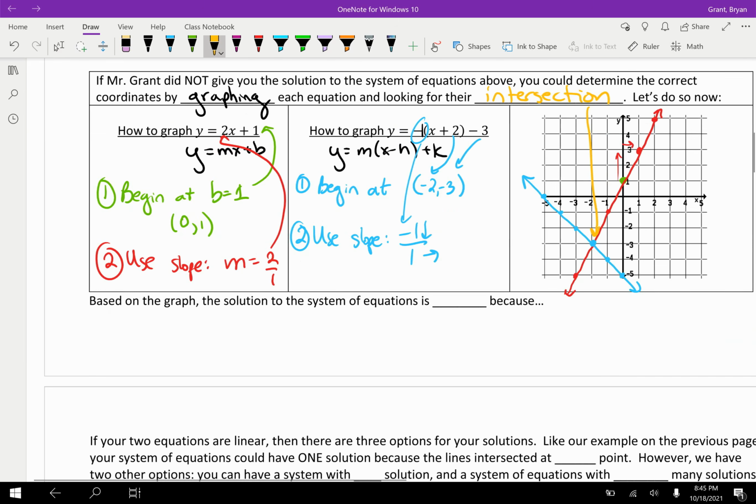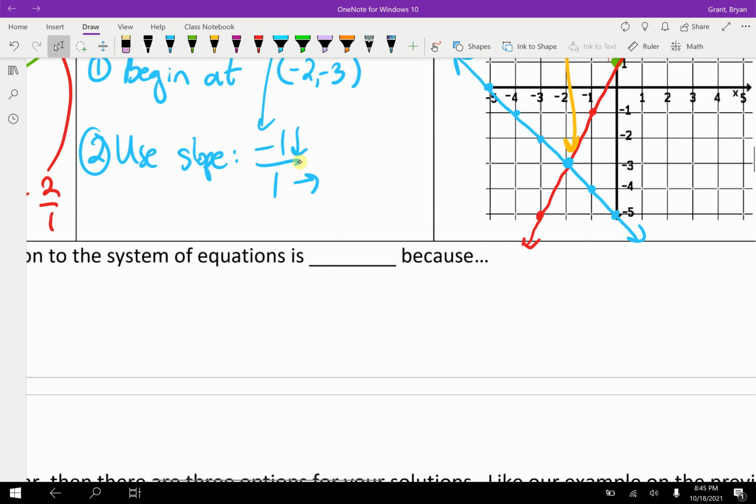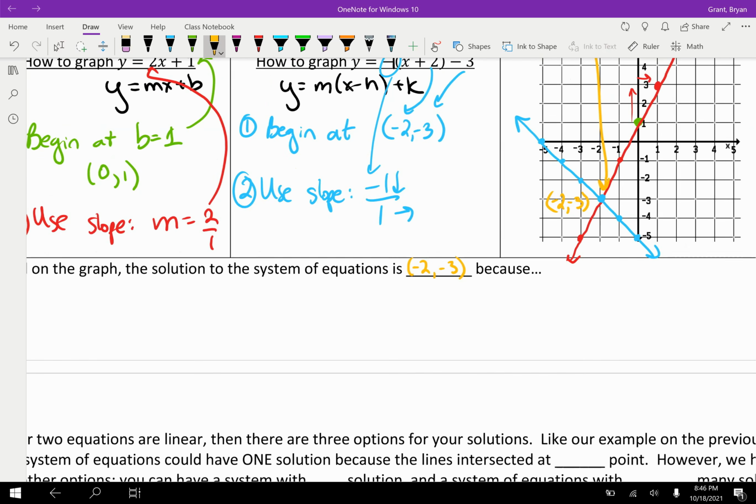Well, then based on the graph, the solution to this system of equations is, and let's write this out, x is -2, y is -3, because that is where the two lines intersect.